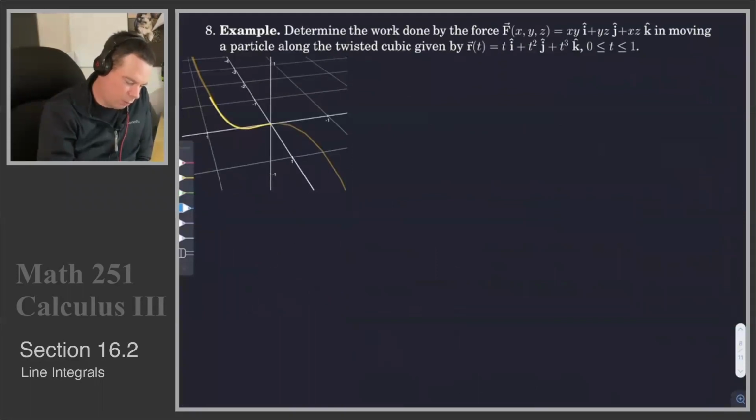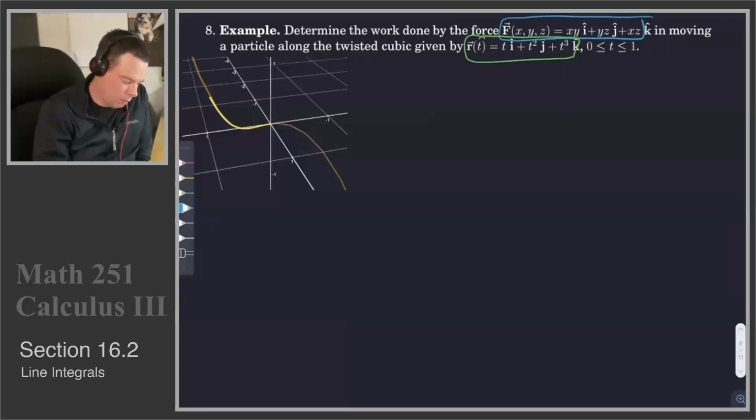So we'll grab our ingredients. We've got our vector field we're interested in, and we've got our curve that we are interested in integrating over.